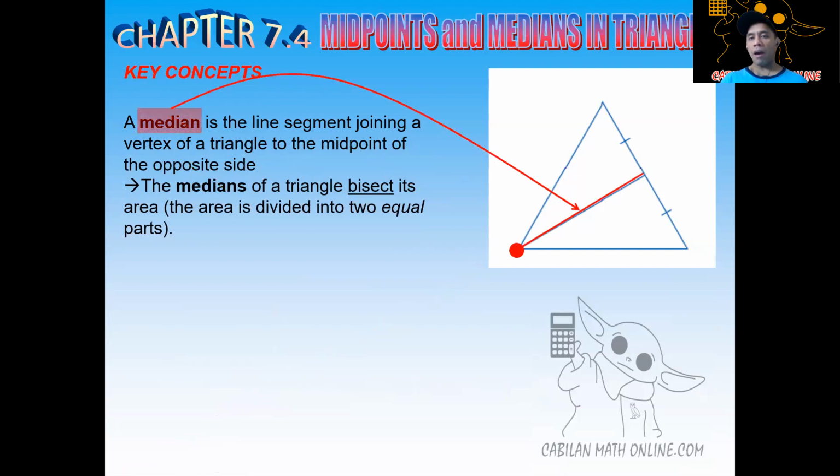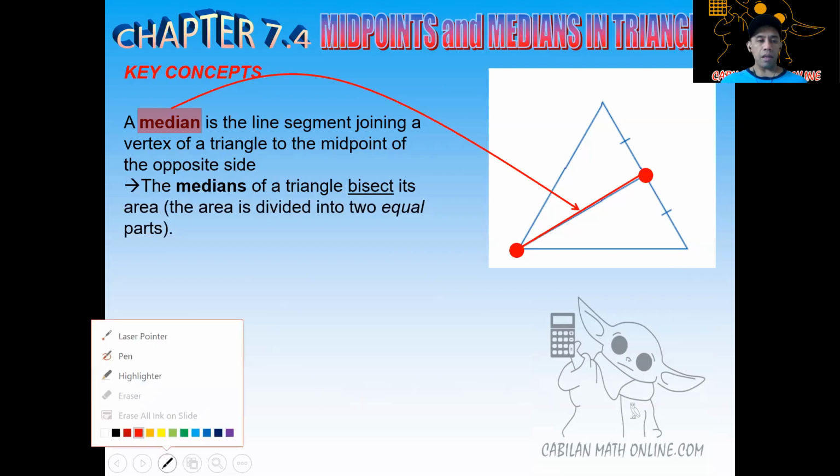The median here is this line in red. We started from this corner and drew a line directly across to the opposite side, cutting it in half. Any line that goes from one corner to the other side and cuts that side in half is an example of a median.